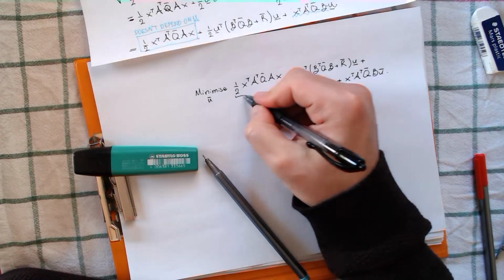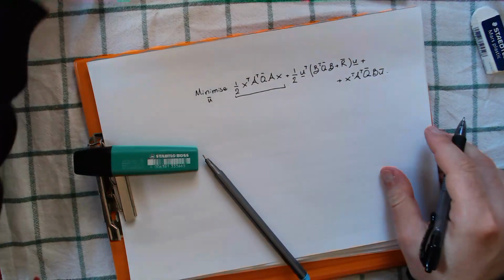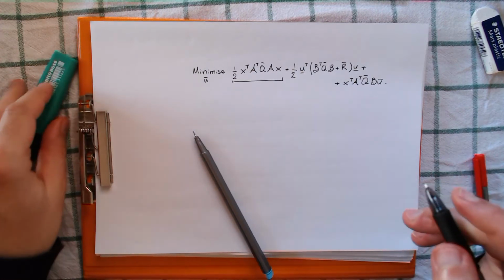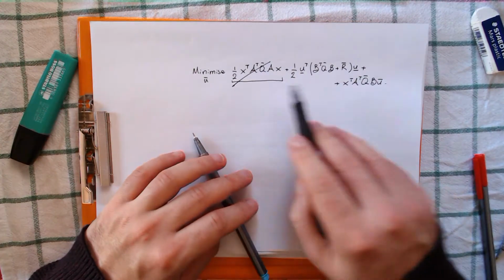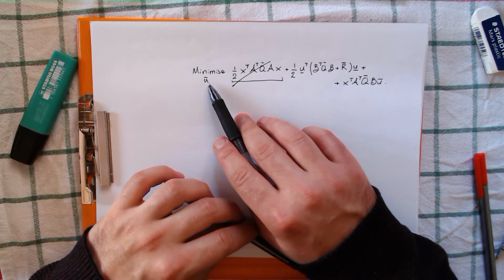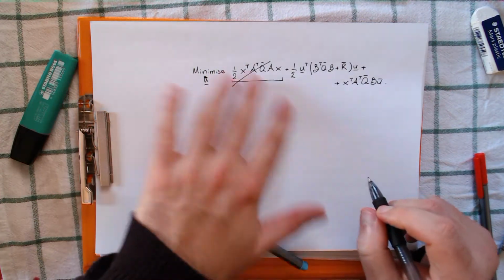Now, as we said, this term is constant and it contributes nothing to the optimization problem. So in fact, why don't we get rid of that? We can really remove it. If you're not looking for the optimal value of the problem, if you're just looking for the best u underlined, then you can simply ignore this term.